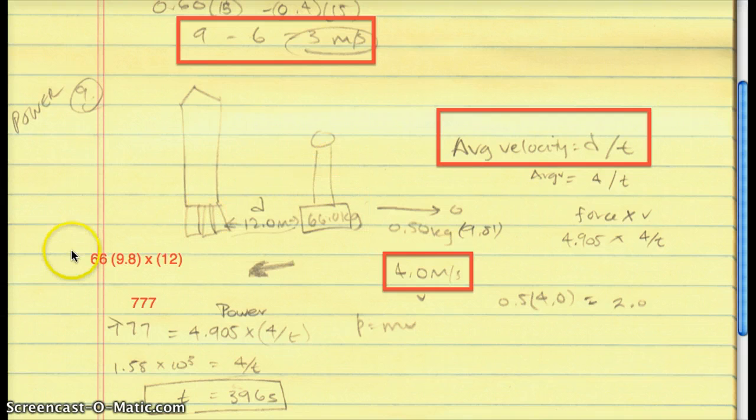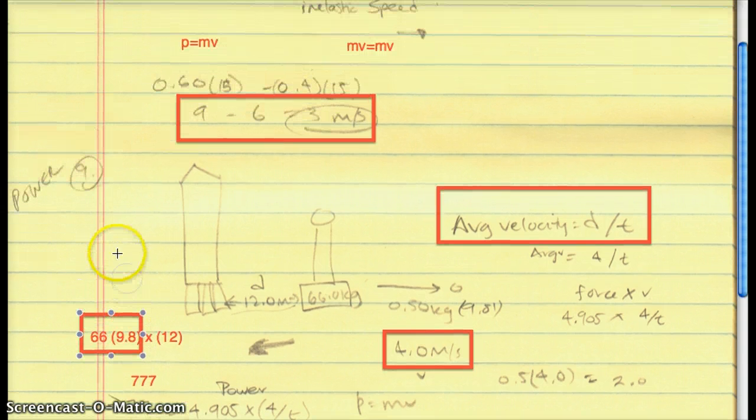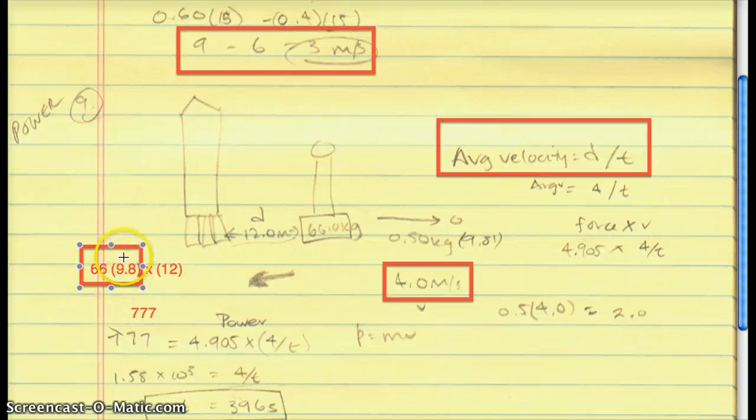Again, even though this is free space, you have to use that same gravitational acceleration: 66 multiplied by 9.8, and we multiply this by 12. This is basically force times distance. So we're using force times distance on this side, and our power formula on this side.